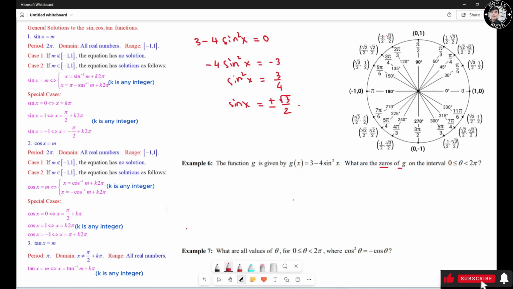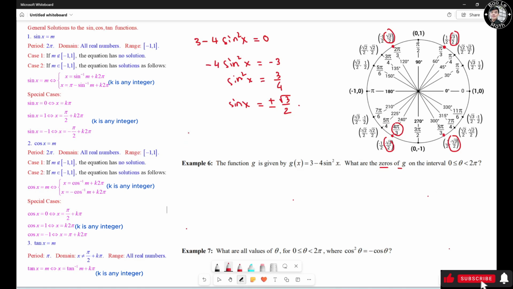So root 3 over 2 is going to be right here. So you have the angle pi over 3 right here, and it should be 2 pi over 3 right here. Negative root 3 over 2 right here should be 4 pi over 3, and negative root 3 over 2 right here should be 5 pi over 3.